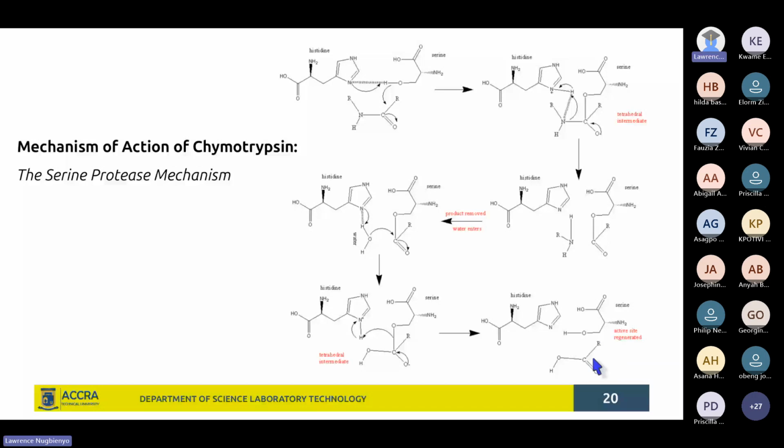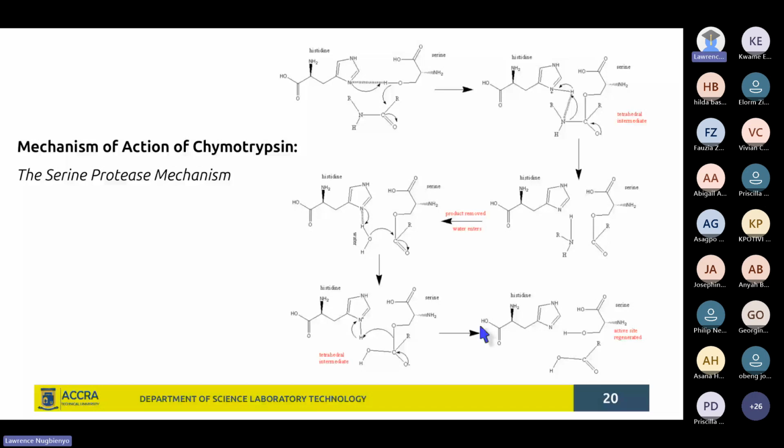And you also have the active site regenerated, because the original active site should have serine with the hydroxyl group on it and the imidazole ring. And it is that original active site that will then have the hydrogen from the serine interacting with the imidazole ring for the transfer of that hydrogen ion, or what you refer to as a proton, onto the nitrogen, activating the enzyme again, and it can carry out another reaction.